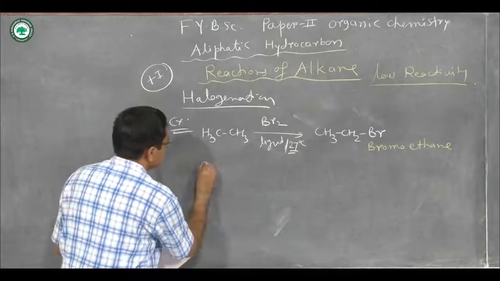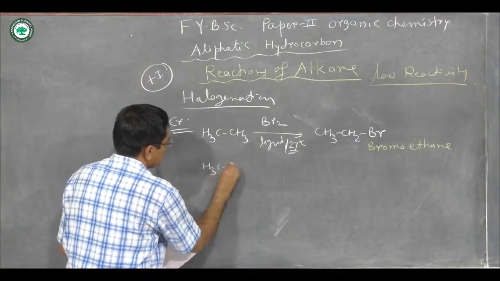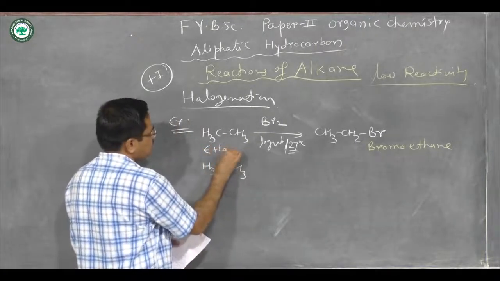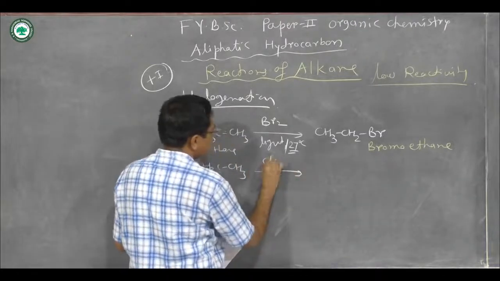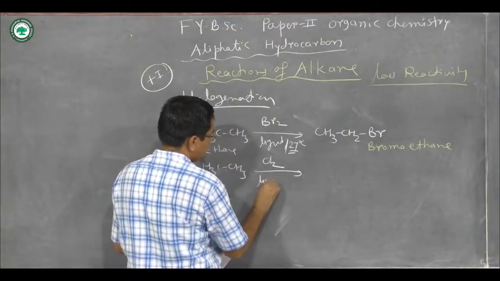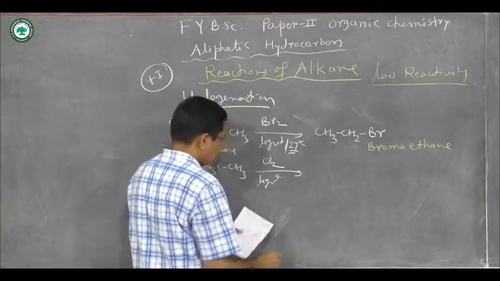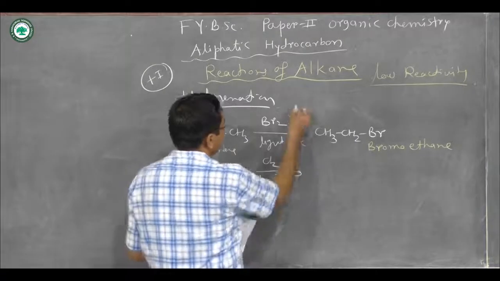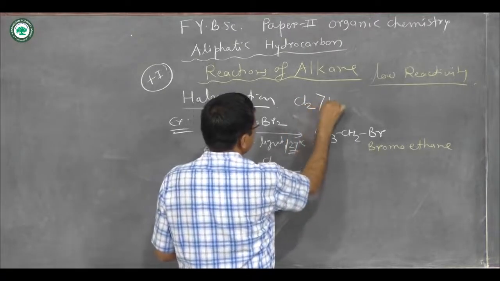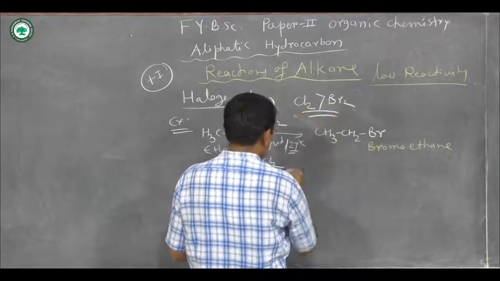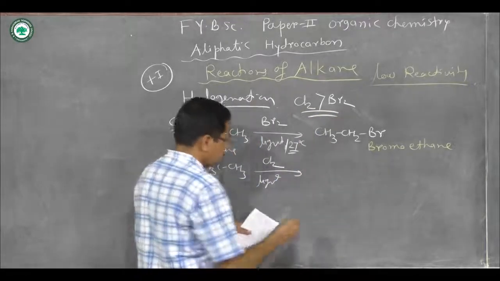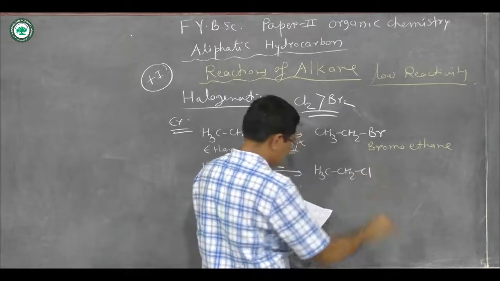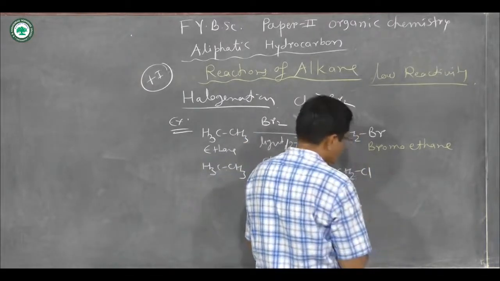And ethane, when reacted with chlorine and light, gives chloroethane. Chlorine is more reactive as compared to bromine, so there is no requirement of temperature.